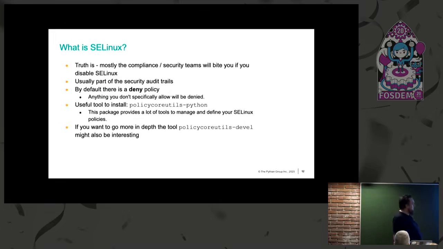A useful package on a Red Hat Enterprise Linux or CentOS based system is policycoreutils-python. It provides a lot of tools to manage and define your SELinux policies. If you want to go a little bit deeper and really start writing policies, the devel package gives you a lot more tools also.